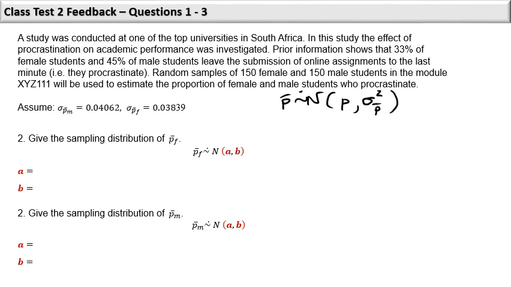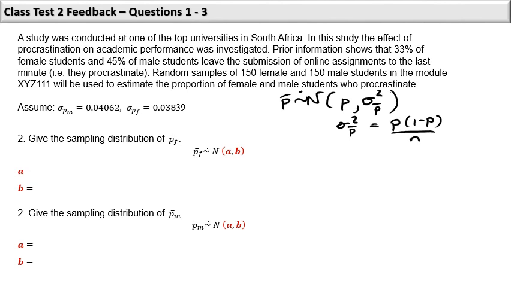So the expected value is given as P, and now you will remember that the square of the standard error, or the variance of P bar, was given as P(1 minus P) over N, and these are the parameters.